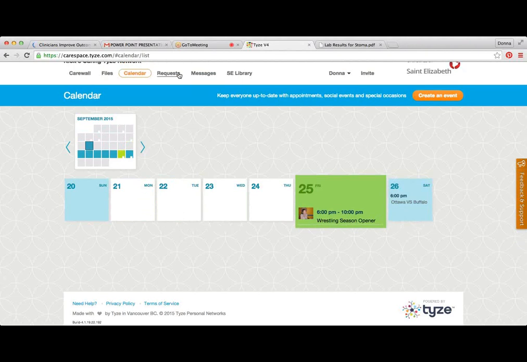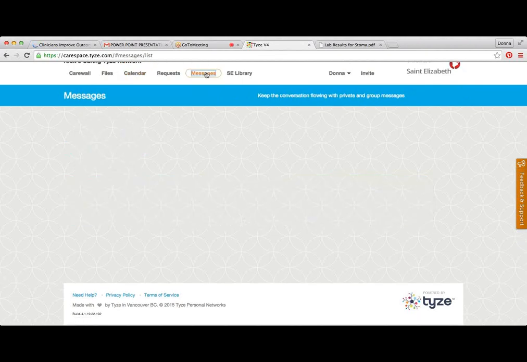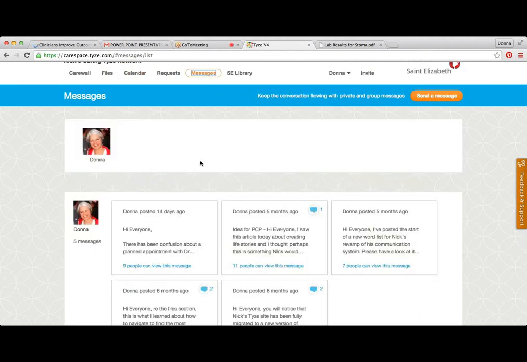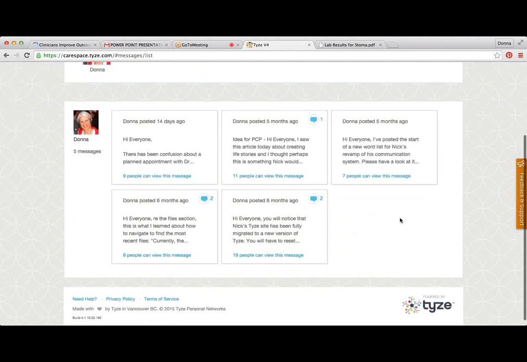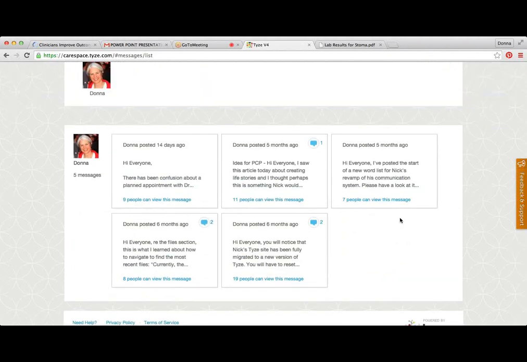We also use the message board, and the TIES messaging. We try to use this as much as we can instead of emails, and we tend to use this in terms of not the whole network.